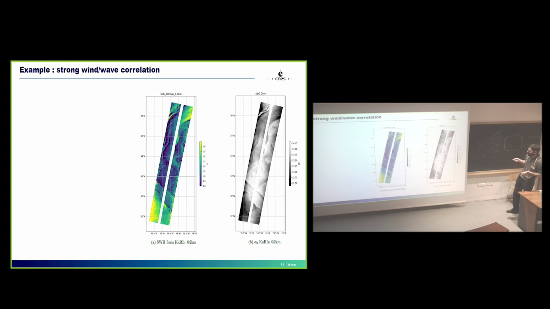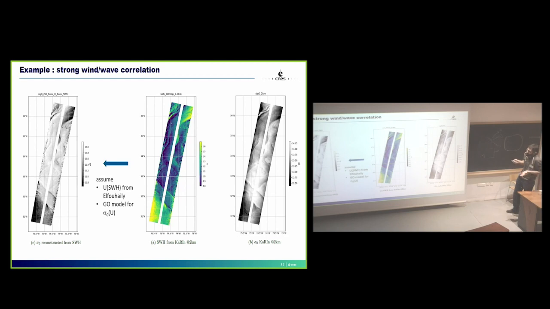So this is, again, the sigma naught field and the significant wave height field. And I've done the following. Very simple, naive physics here. But let's take the significant wave height field measured by Karen and try to assume that this is only due to winds, like local winds blowing right now and creating these waves, which we can argue about.